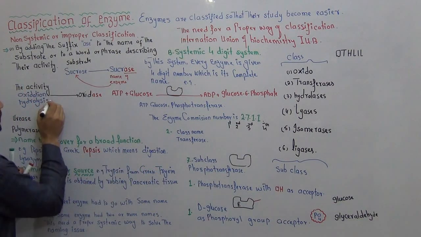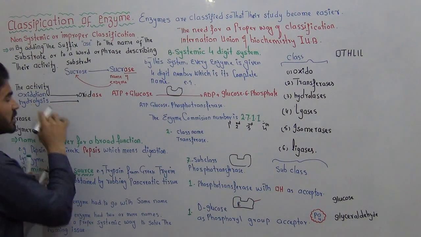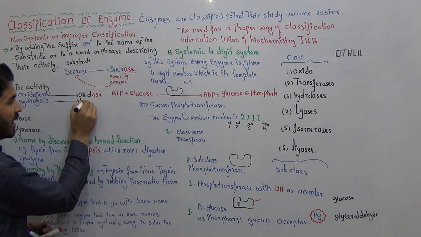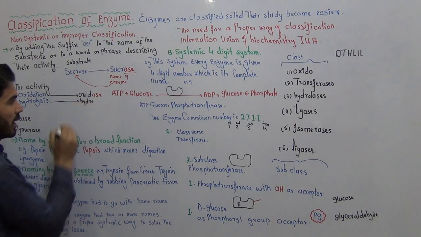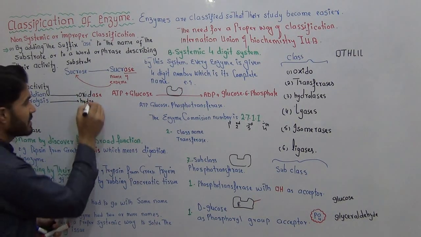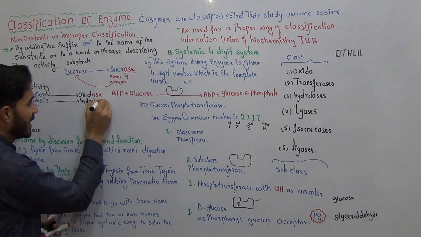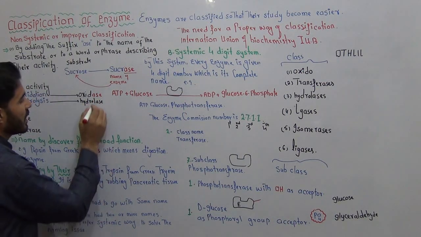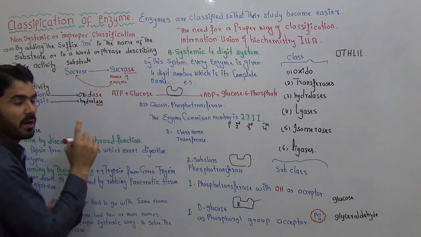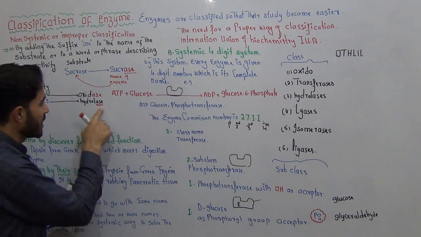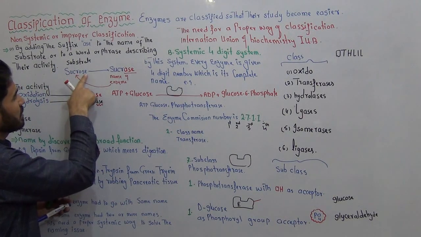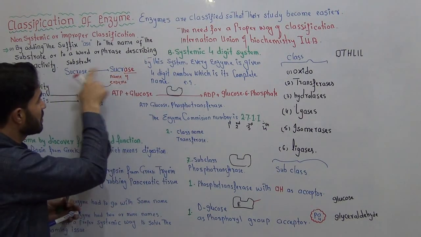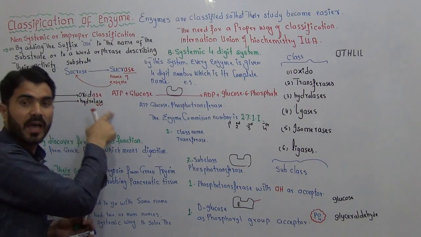Hydrolysis. So the enzyme which is involved in that activity will be given the name hydro, now not lysis, hydrolase. So if you notice here, we are adding the word ASE after the name of the substrate, or after the name of the activity.